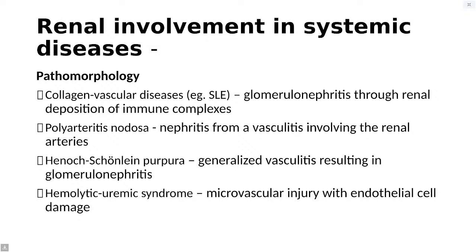When the child has polyarteritis nodosa, there is nephritis from a vasculitis involving the renal arteries. In Henoch-Schonlein purpura, we can see generalized vasculitis resulting in glomerulonephritis. In hemolytic uremic syndrome, we see microvascular injury with endothelial cell damage.